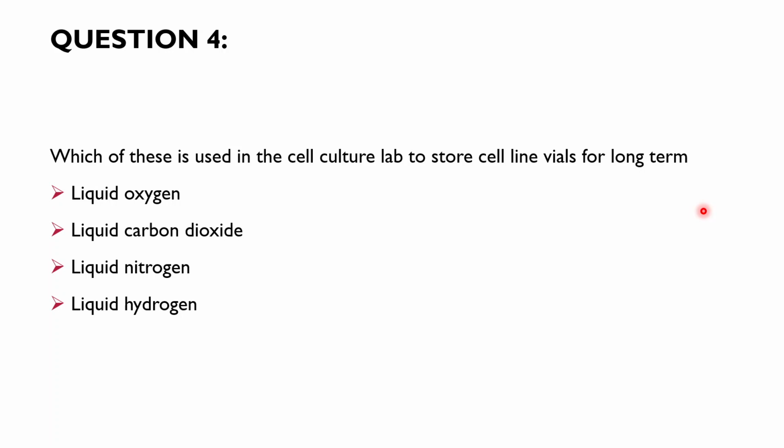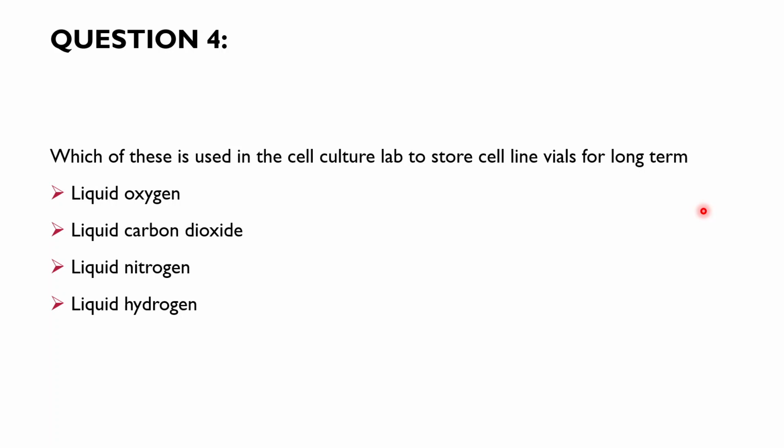We have already discussed that liquid nitrogen has a temperature of minus 196 degrees centigrade, and for long term storage of our cells we need to store them at temperatures below minus 130 degrees centigrade. While we are freezing cells, we mix the cells in a freezing medium which will help to prevent the formation of ice crystals in the cell.